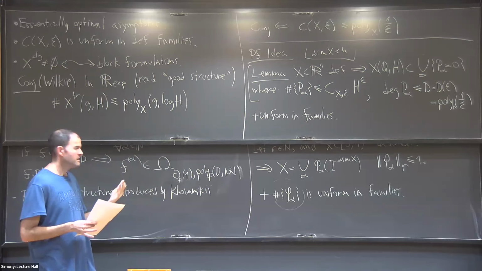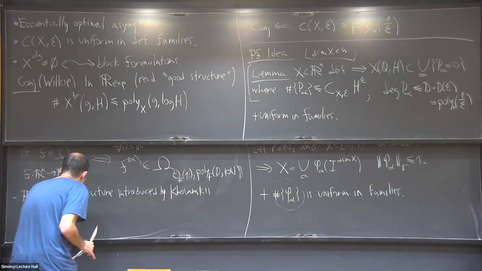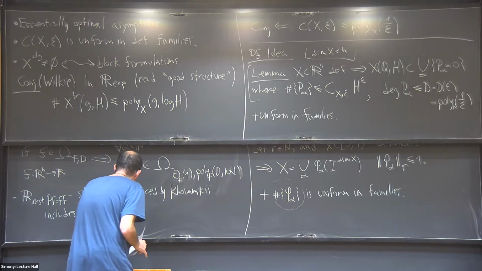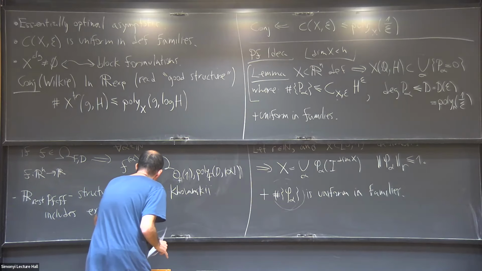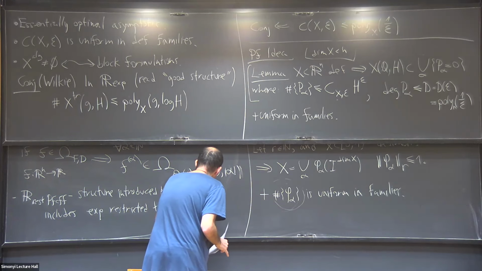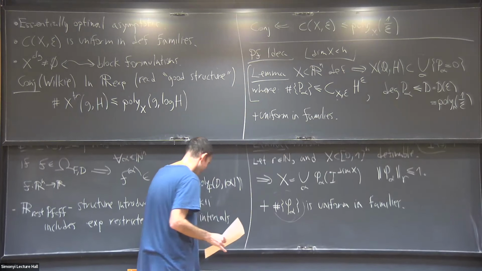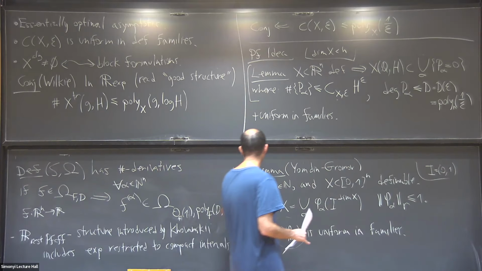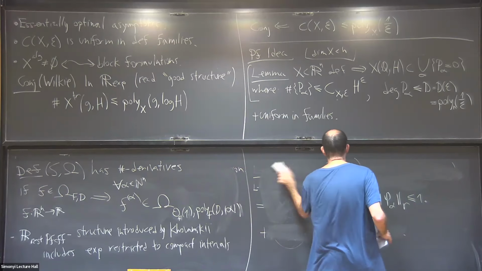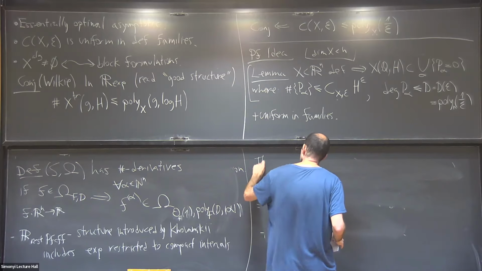I will not have time to define it, but it includes, for instance, the exponential function restricted to compact intervals, and a lot of other functions. And basically what I wanted to tell you about this restricted Pfaffian structure is that it is sharply o-minimal, and it does have sharp derivatives.